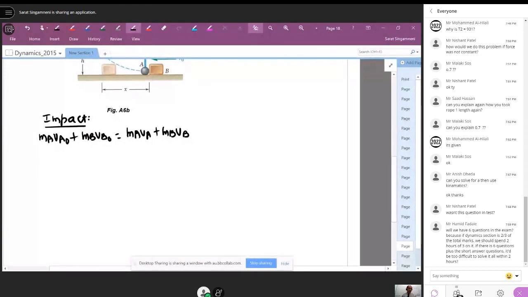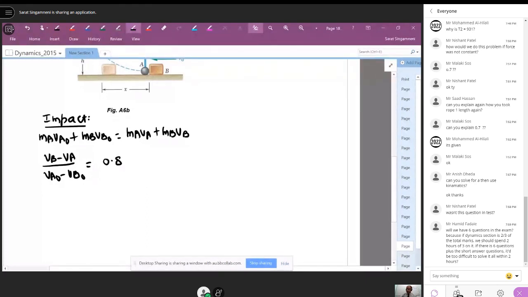From this, you will get one equation. The second equation is velocity of B minus velocity of A is velocity of A at the start minus velocity of B at the start equal to coefficient of restitution, which is given as 0.8.